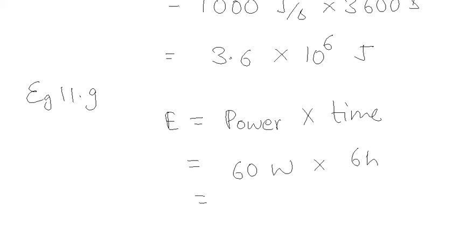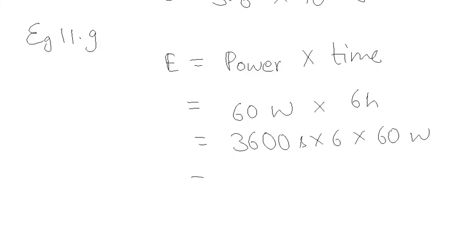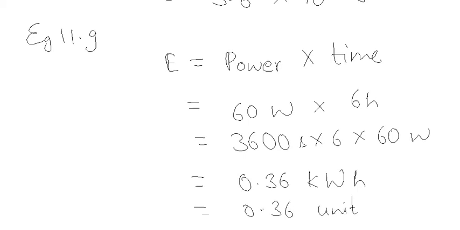So 3600 second into 6 into 60 watt, which is equal to 0.36 kilowatt hour, or say 0.36 unit of energy.